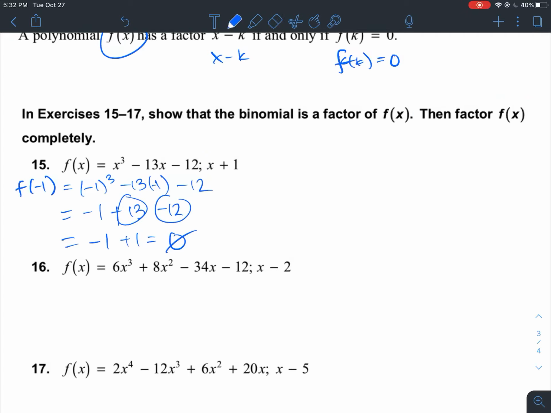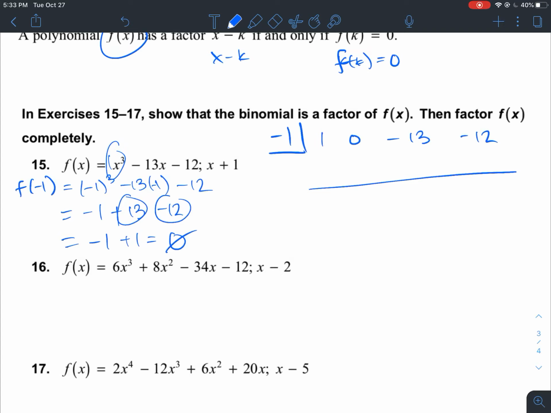So let's use the remainder theorem to figure out the rest of this. If we know negative 1 is a factor, well, let's use synthetic division to find out the rest. So I'm going to take 1, negative 13, oh, I need a placeholder, sorry. So this is x cubed, and there's no x squared, so I'm going to put 0 x squared, minus 13 and minus 12.